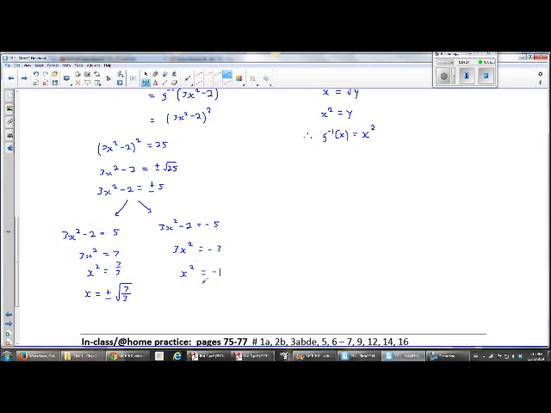And if we take the square root of both sides, on the right hand side we would get the square root of negative 1, which is undefined. So in this case, this leads us to an undefined result. Therefore, the composite of the inverse of g and f equals 25 when x equals positive or negative root 7/3.